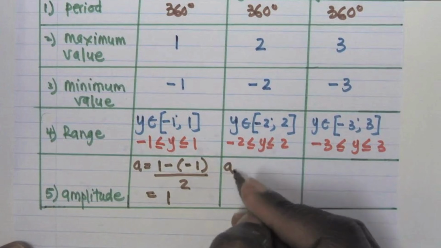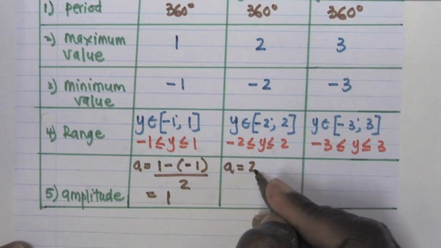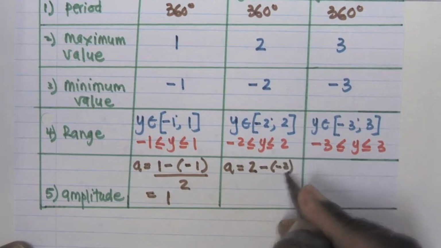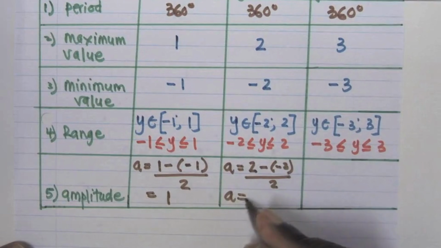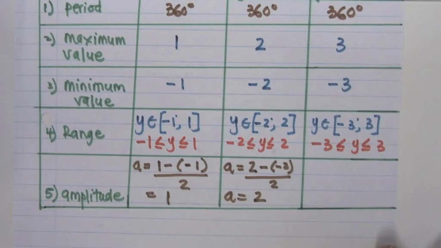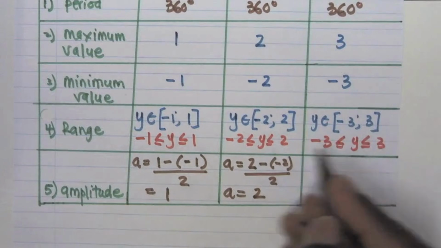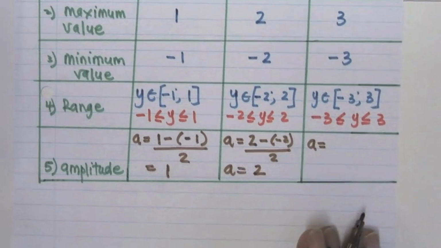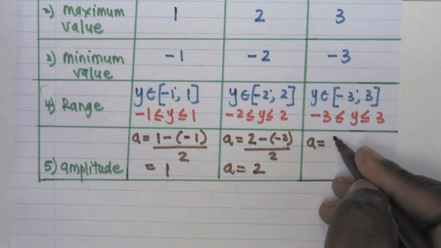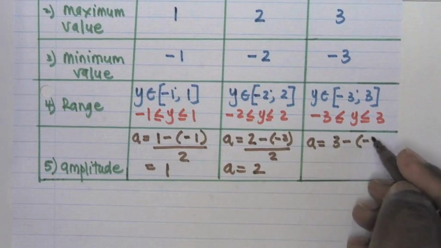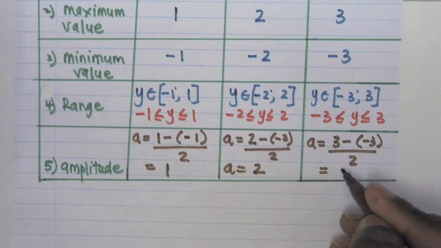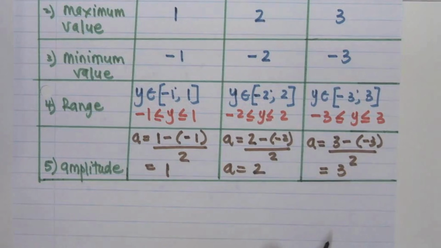And then for the second one, I'm going to get 2 as my maximum minus my minimum divided by 2, and my amplitude is going to be 2. And then when I move on to the last one, I'm going to see that my amplitude is going to be 3 minus negative 3 over 2, and the answer is going to be 3.